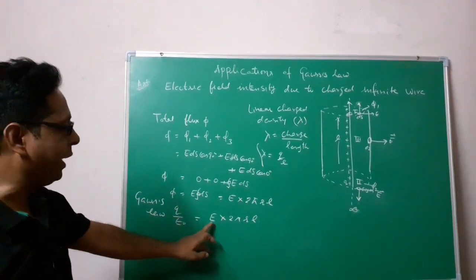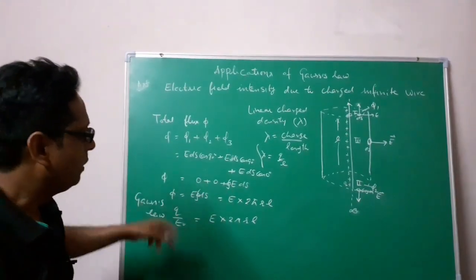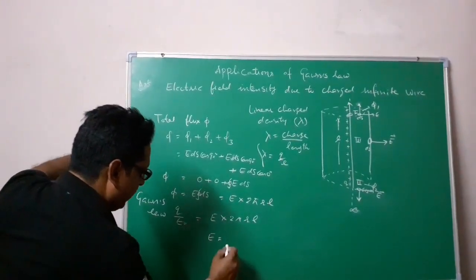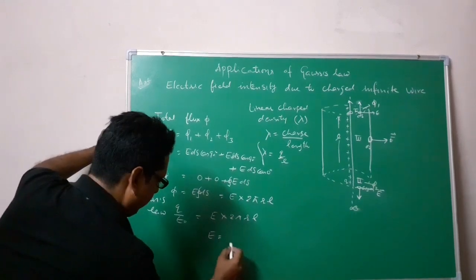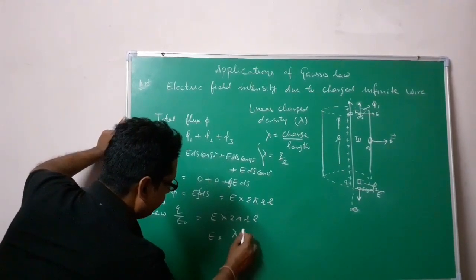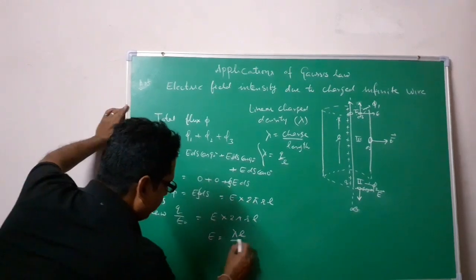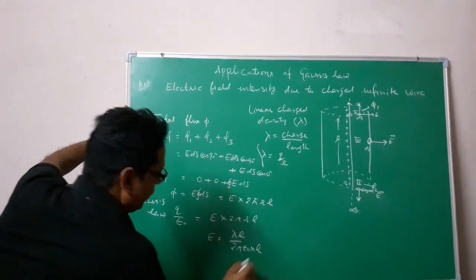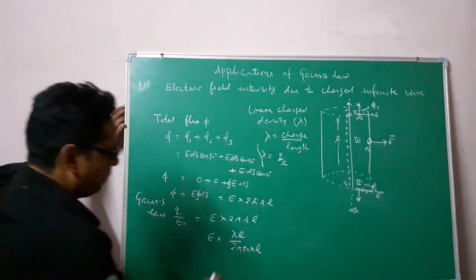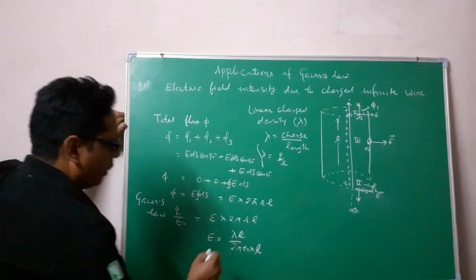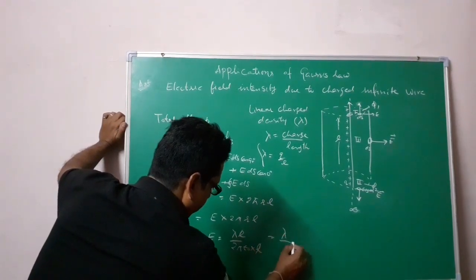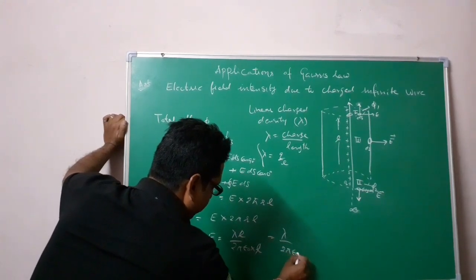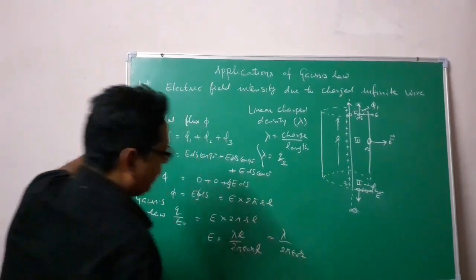Basically we are interested in finding E, the electric field intensity, right? So this electric field can be written like this. This is lambda into L upon 2 pi epsilon naught into R into L, right, and this L will be cancelled out. So what we get? This is lambda upon 2 pi epsilon naught into R, right?